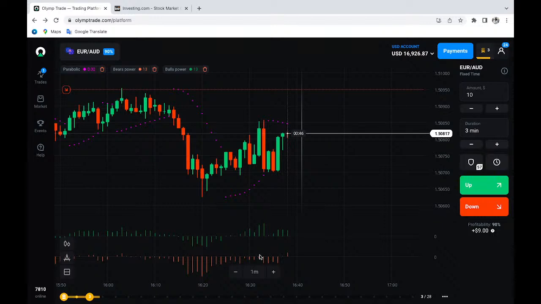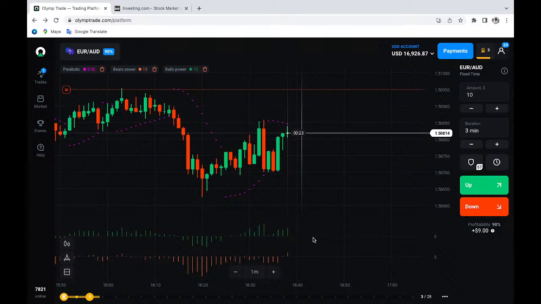How to open a down trade? First, to open a down trade, we need the parabolic above the chart, which means the candles should be below the parabolic. If candles are below the parabolic, it means downtrend. So we need the parabolic above the chart, moving top to bottom, and we need bear and bull power below the zero.